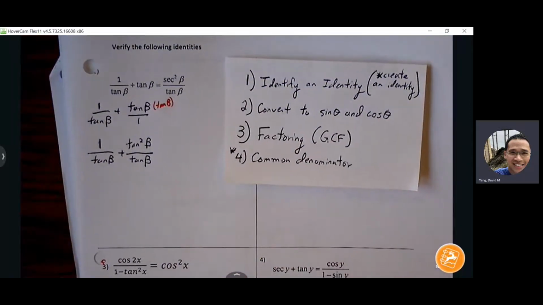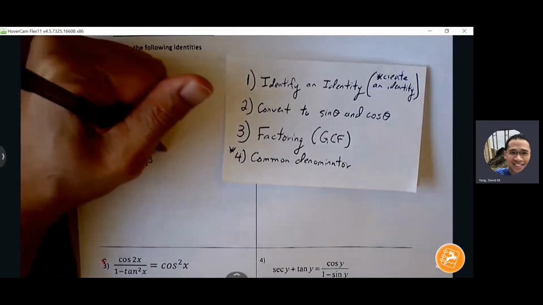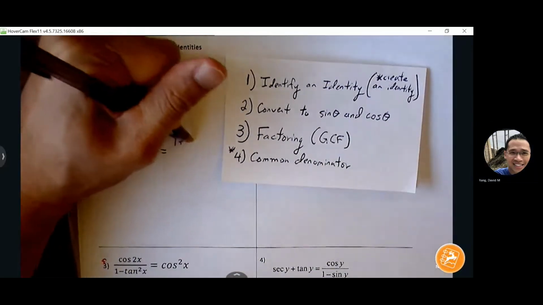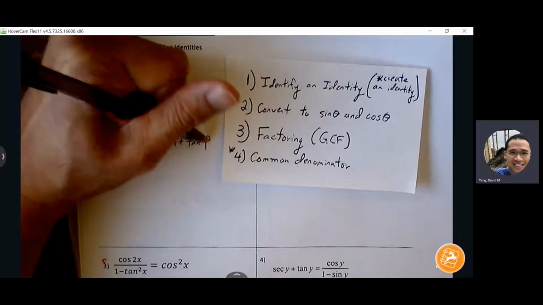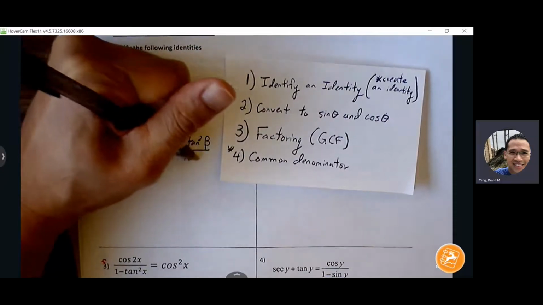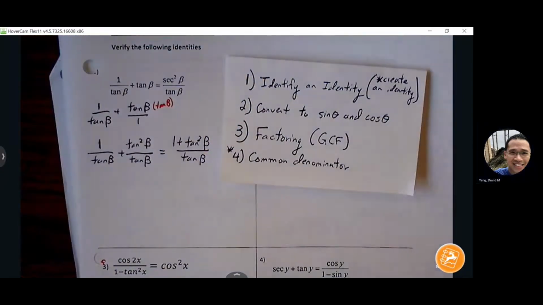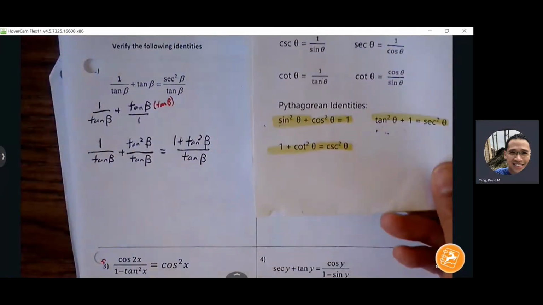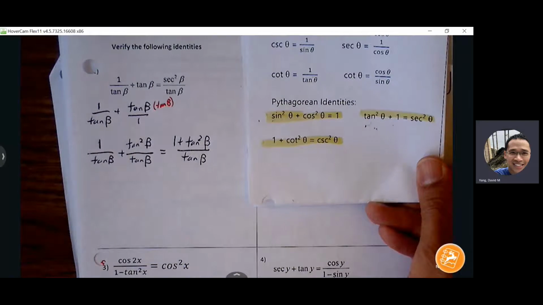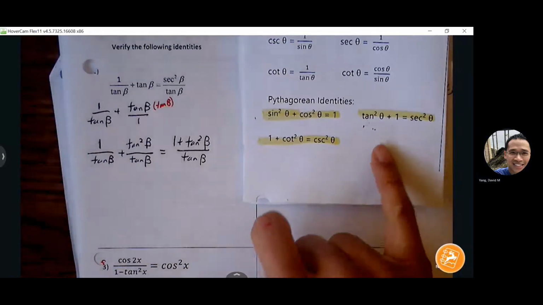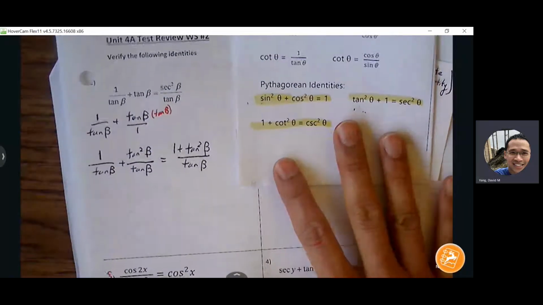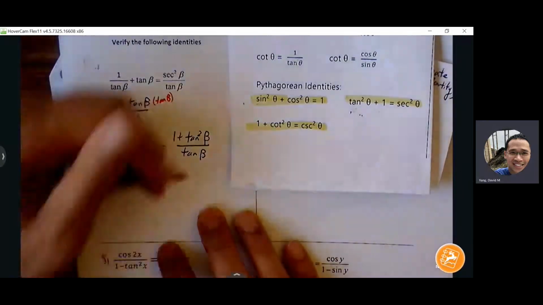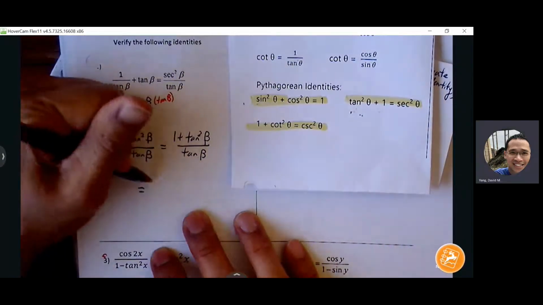Merge those together, and we should be nearing the end. Okay, 1 plus tangent squared becomes secant squared, right? And that leads us to our end expression.